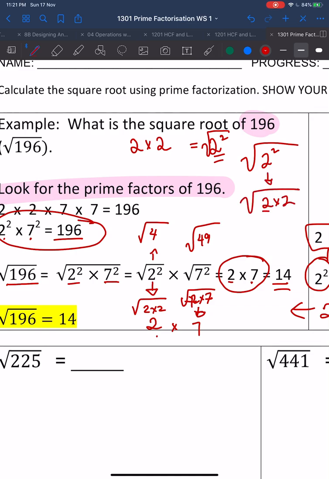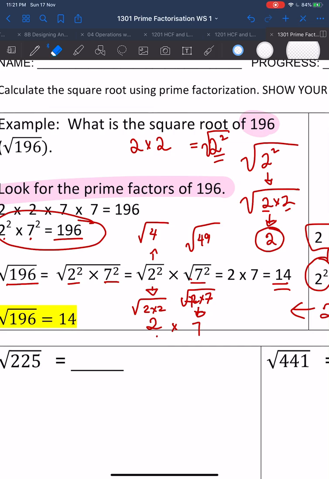So we already know what number is multiplied by itself. So that means this is equal to simply 2. Okay?